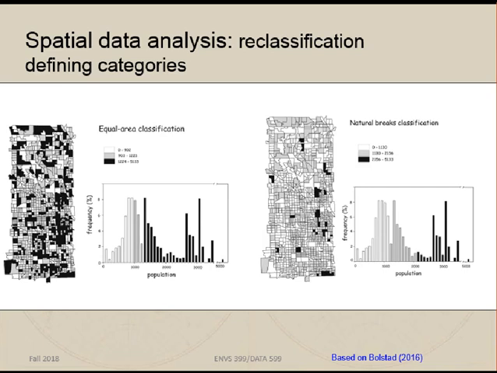Another common method for class assignment results in an equal area classification. Class boundaries are defined to place an equal proportion of the study area into each of the specified number of classes. This usually leads to a visually balanced map because all classes have approximately equal extents.